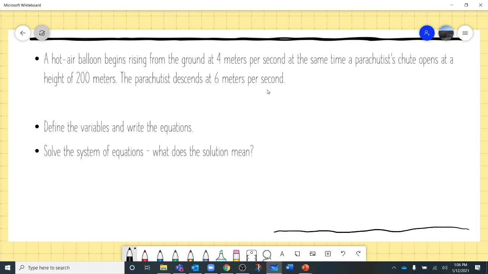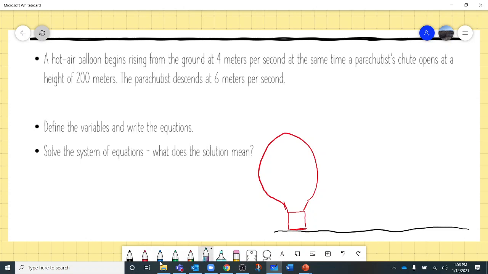A hot air balloon begins rising from the ground at 4 meters per second. Okay, so I'm going to draw a little picture. I have a hot air balloon, and it's just now leaving the ground. It's basically still on the ground. And I never pretended to be able to draw. So there's my hot air balloon.